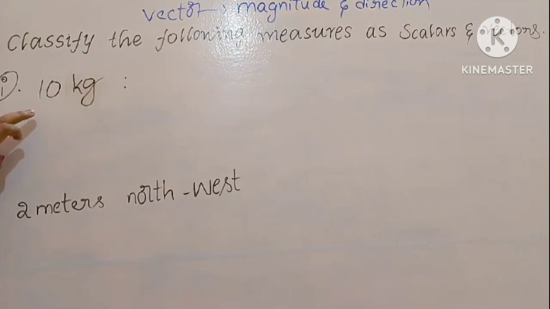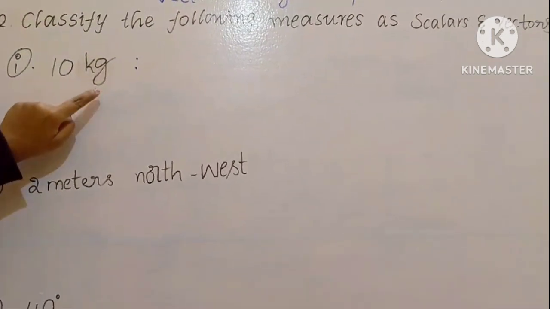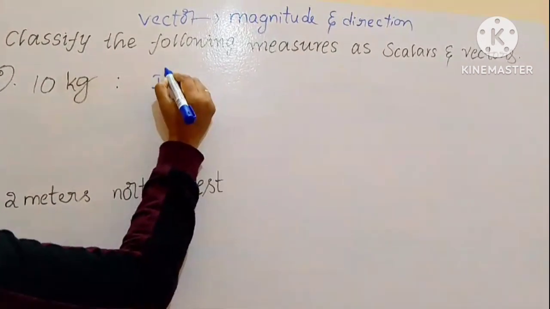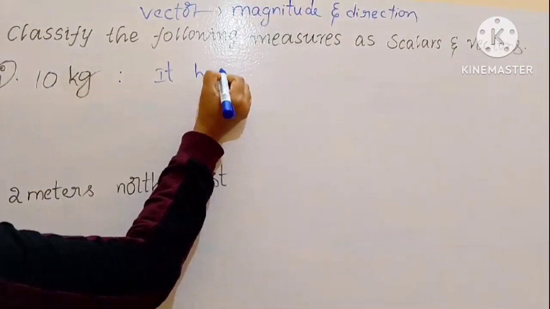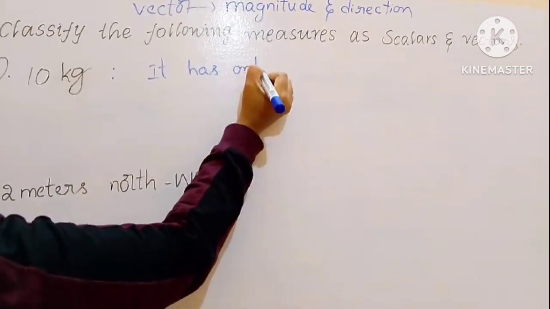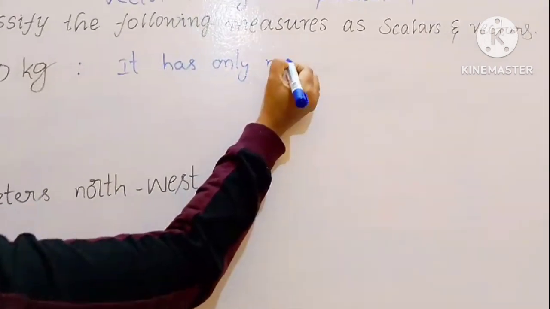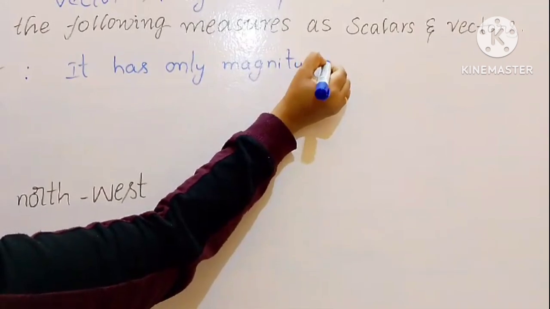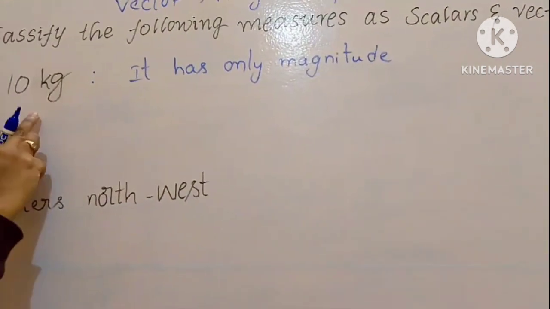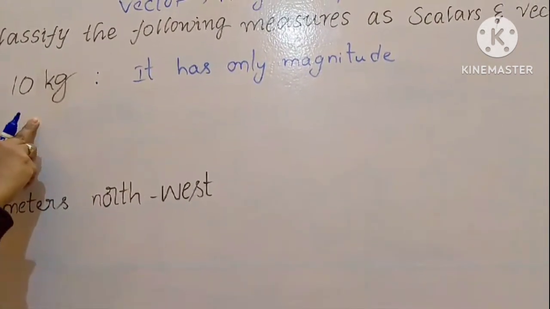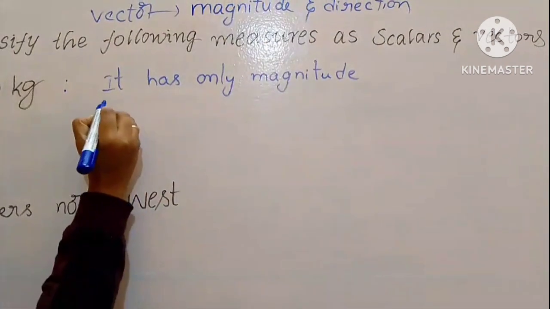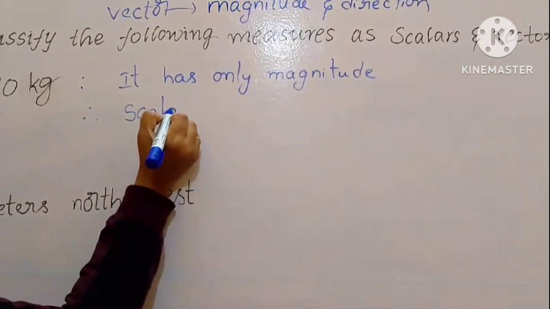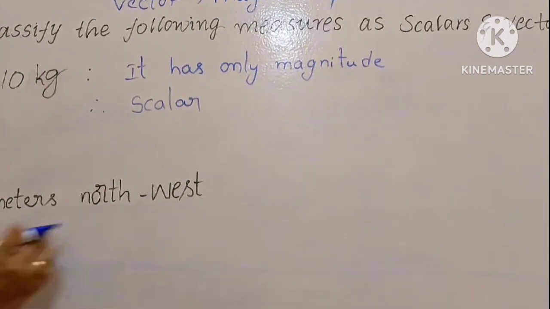Now we go for the questions. 10 kg. 10 kg represents magnitude. So it has only magnitude. In this there is no direction. So it is only scalar, not vector. Therefore, it is scalar. Now go for the second question.